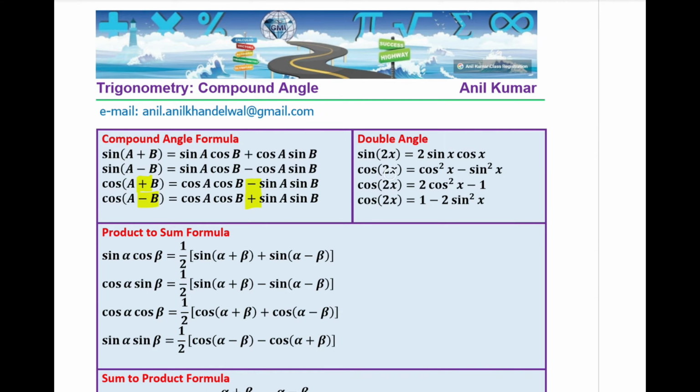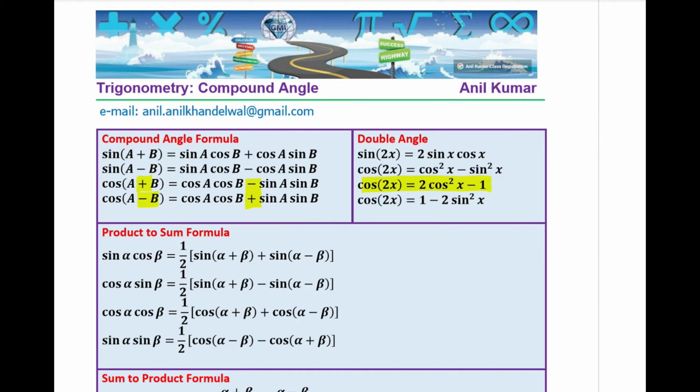The double angle formulae are with sin 2x you have 1, which is 2 sin x cos x, and with cos 2x we have 3 equivalent formulas. You could write this as cos square x minus sin square x, or 2 cos square x minus 1, or 1 minus 2 sin square x. Well, in one of our questions, we will be deriving this particular formula also. Here are some related formulae which could be of use to you.